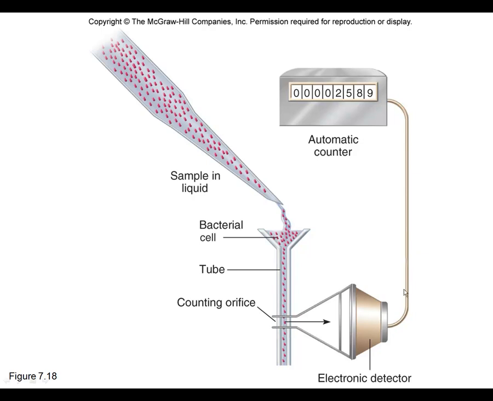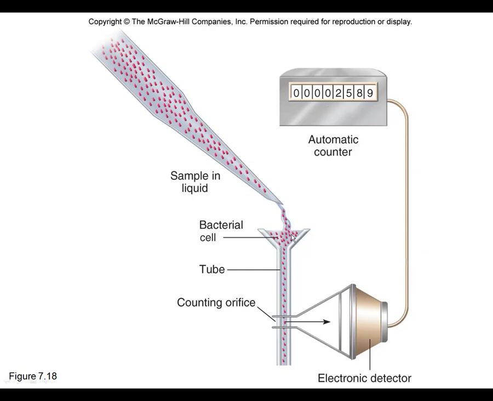Once they pass through, it'll go up and it will count the number of organisms that you have in a particular sample, and you'll see that this will go up to 999,999,999. So again, you can count your organisms with this automatic counter here.